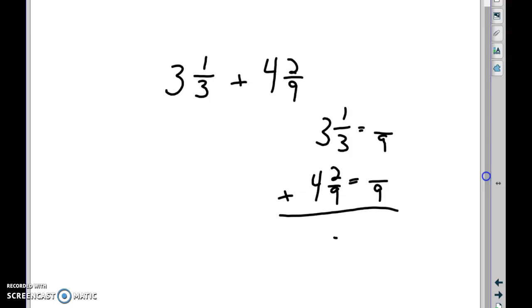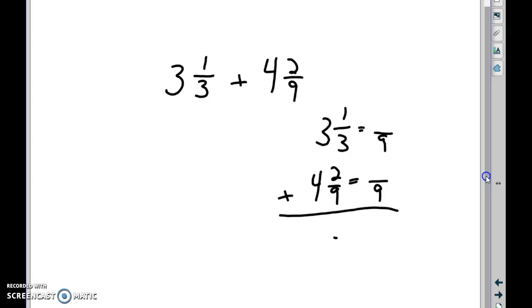Some people just like to multiply the denominators to get their common denominator, and that works, but the answer is not always in the simplest form, and you get some numbers that are a little bit big to work with. So I always try to choose the smallest one. Always ask yourself, does 3 go into 9? Yeah, so that's going to be the easiest one.